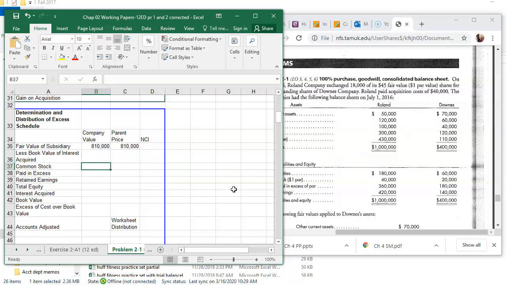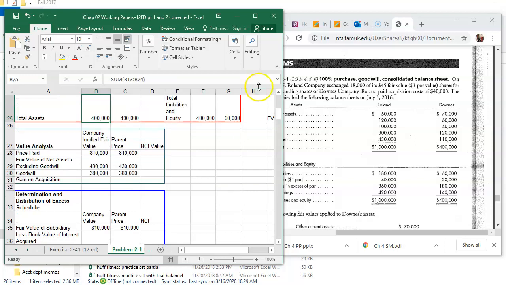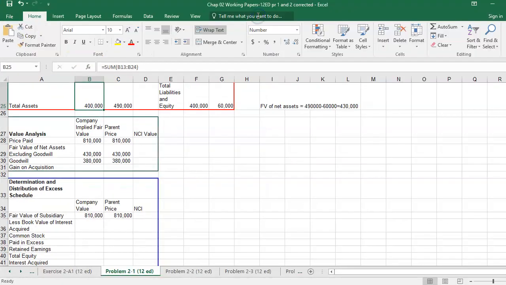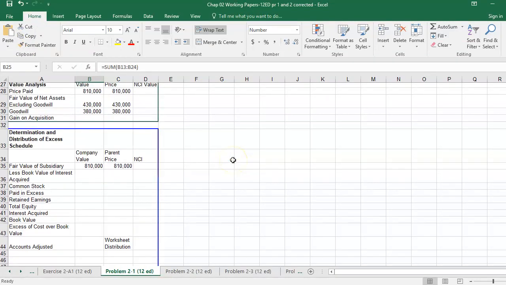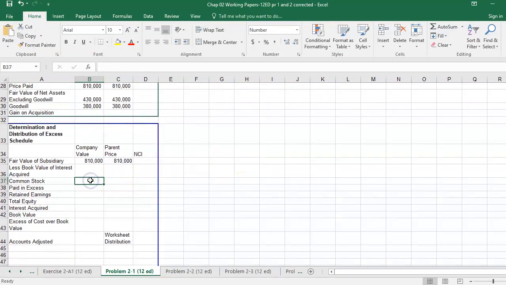Now, notice we're going to subtract out the book value. So the book value is based on their equity. All right, their equity is up here. It's the 20, the 180, and the 140. So 20,000, 180, and the 140.